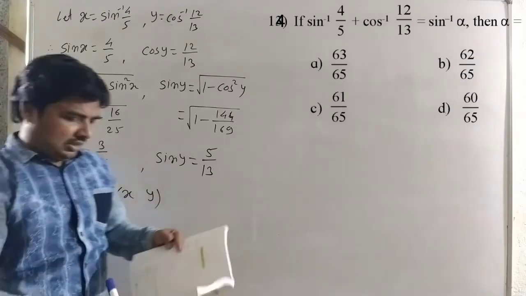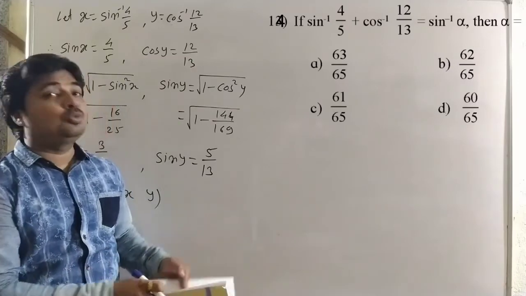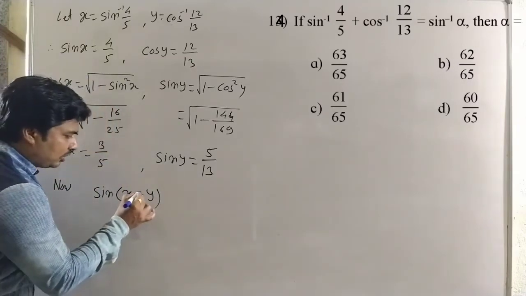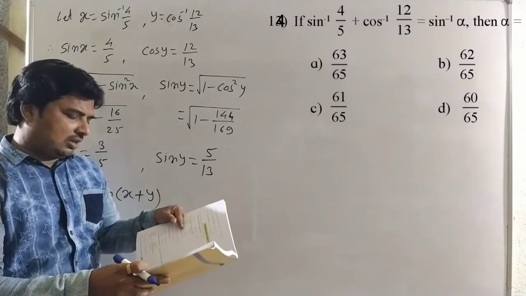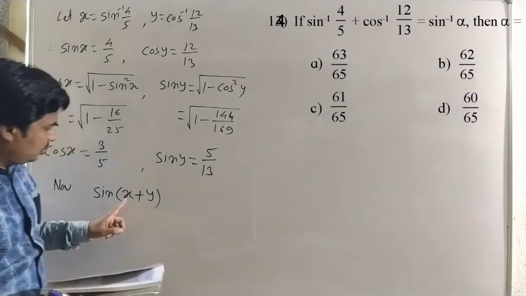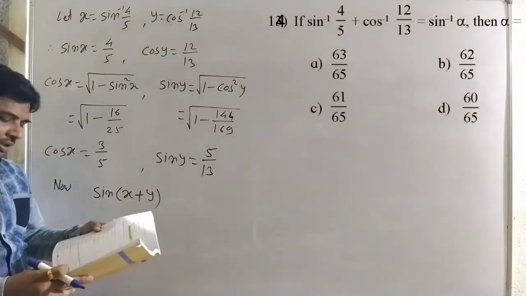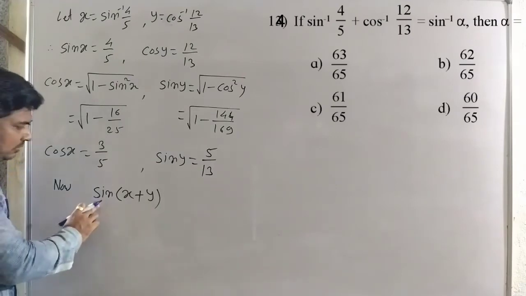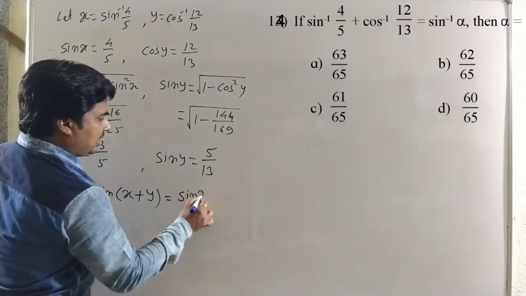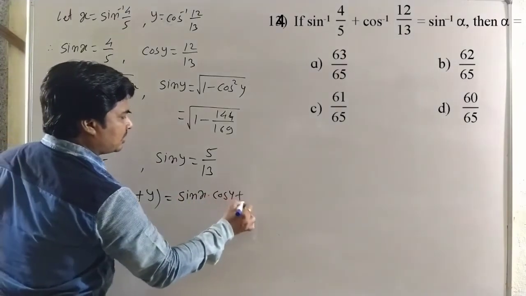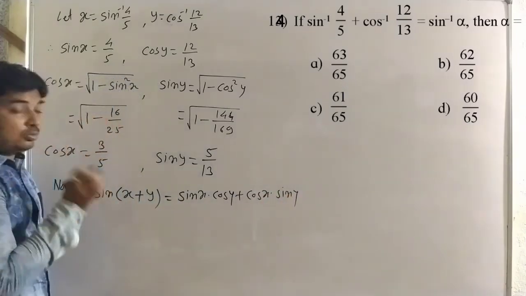The given condition is sine inverse of 4 by 5 plus cos inverse of 12 by 13, so here we use the formula for addition. If in the example there were subtraction, we would use the formula for x minus y, but here it is a plus, so we use sin(x plus y) = sin x cos y plus cos x sin y. Here we use the formula of sin(a plus b).